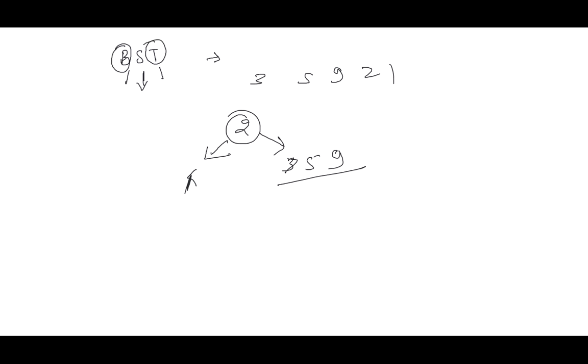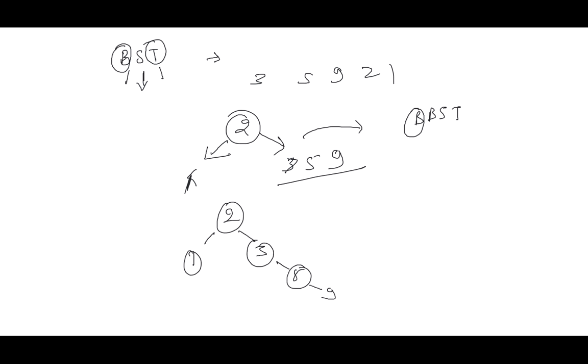And we also see the balanced binary tree. So we have this binary search tree and balanced binary search tree. Balanced binary search tree. So we have a tree like this: 2, 1, 3, 5, and 9.